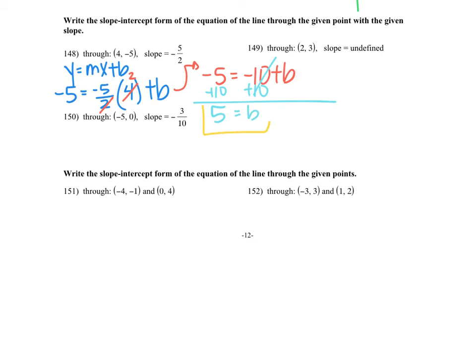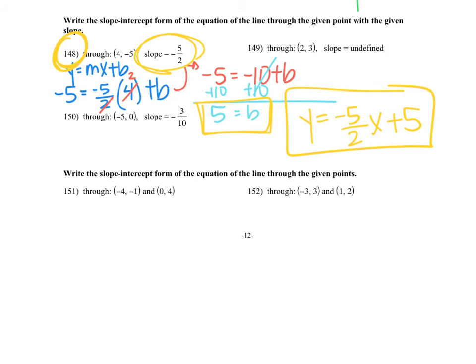The first one is your slope, and the second one is your y-intercept. Well, we already knew what my slope is. So what we need now is my y-intercept, which we found already, b equals 5. So the answer for number 148 is y equals negative 5 over 2x plus 5.